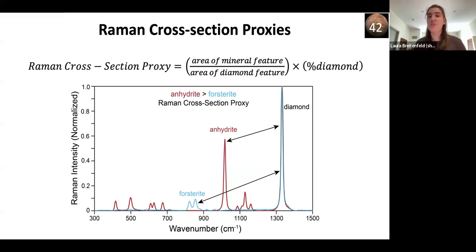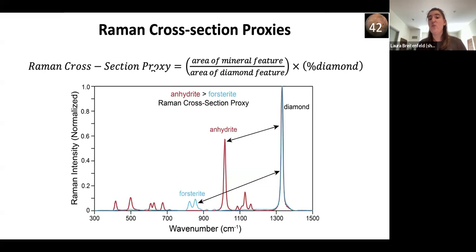So let's talk about this graph in a little bit more detail, as this gives us a visual representation of these Raman cross-section proxies. So here we're looking at two different mixtures, anhydrite mixed with diamond and forsterite mixed with diamond.